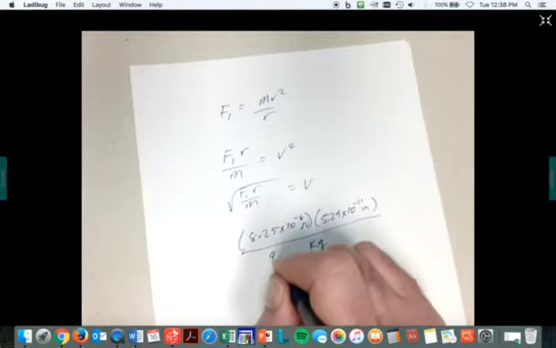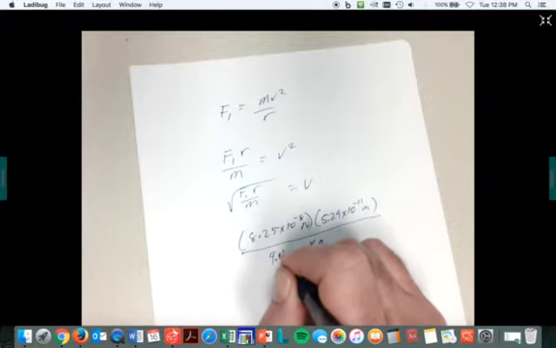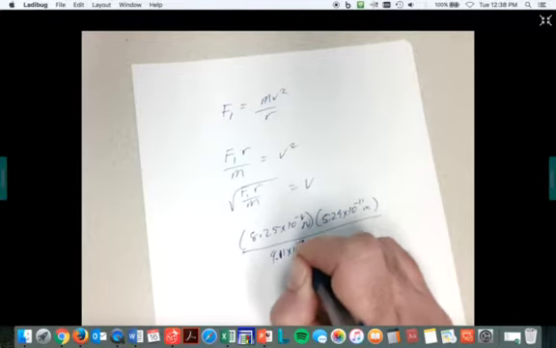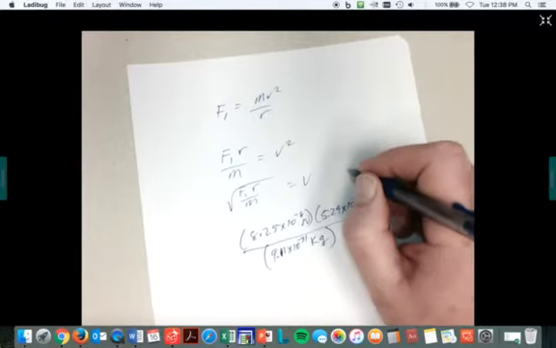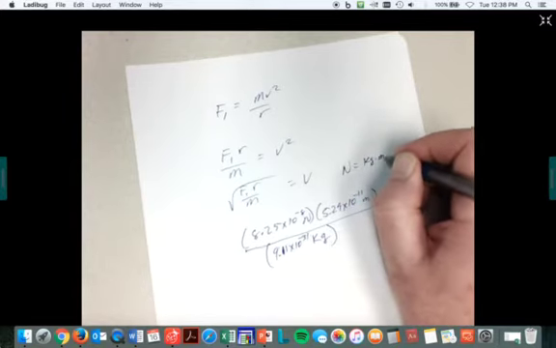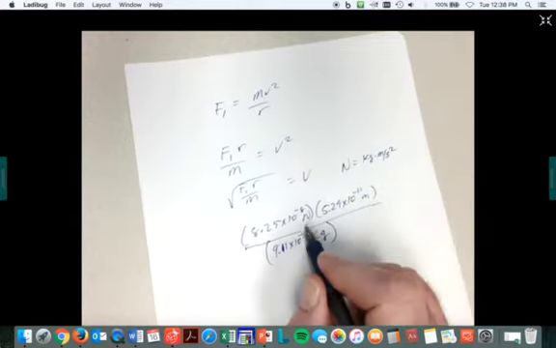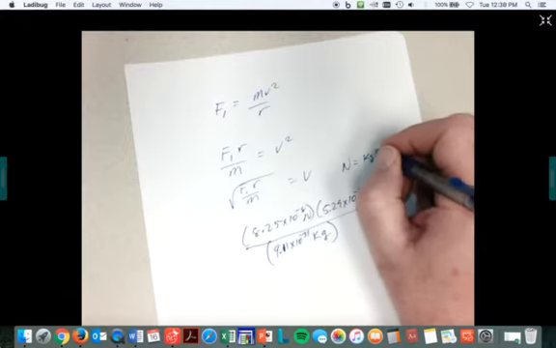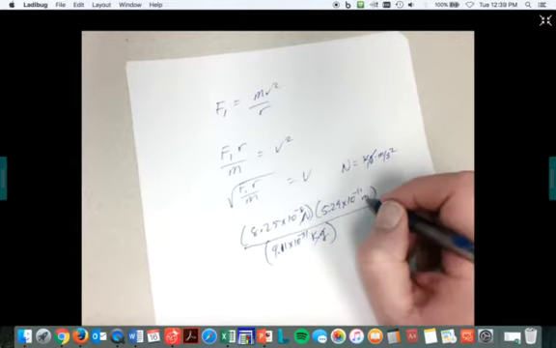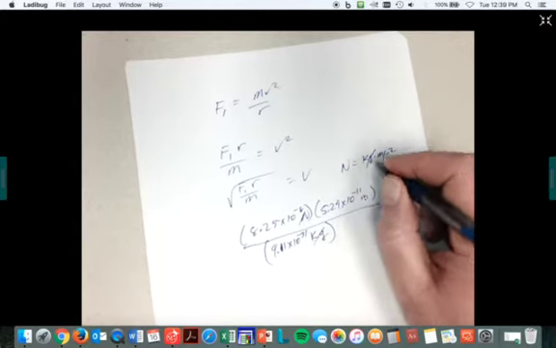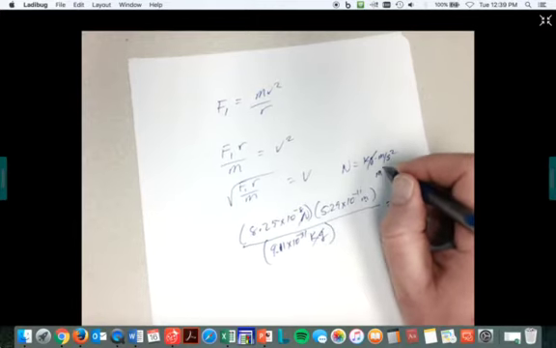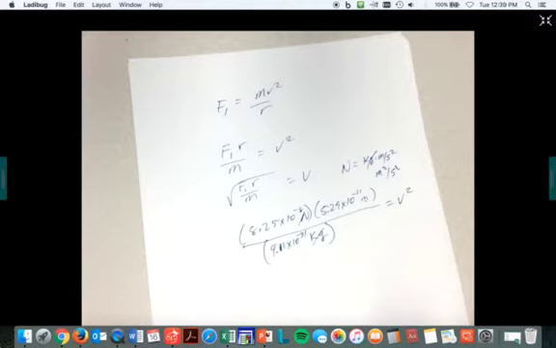The 9.11 times 10 to the negative 31 kilograms. All right. Now remember, a newton is equal to kilograms meters per second squared. So inside this newton, I'm divided by the kilograms, so I get rid of that. So that's kind of in there. Multiplying by a meter, so I wind up with meters squared per second squared, which is equal to v squared. So I wind up with meters squared per second squared, which is what I want. Did a little unit analysis there.